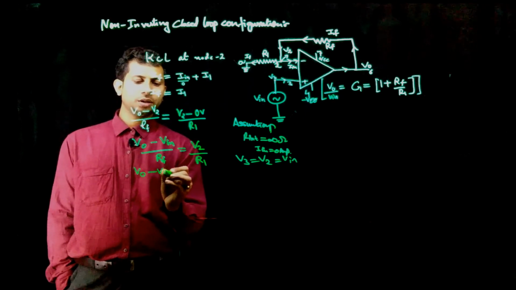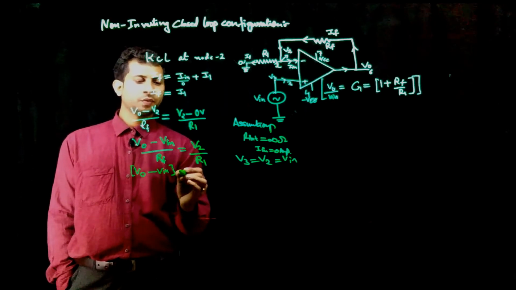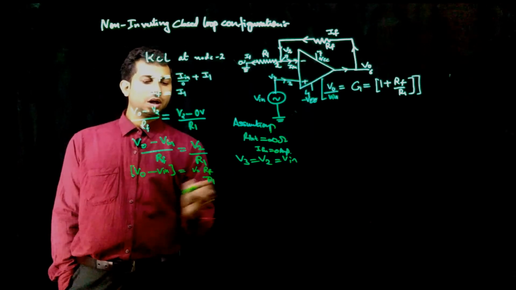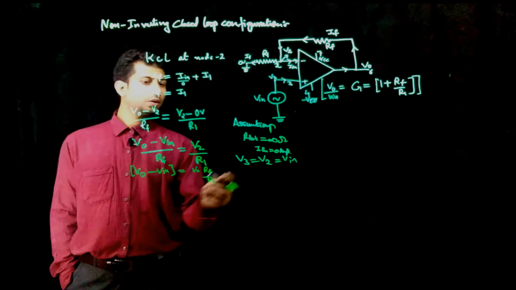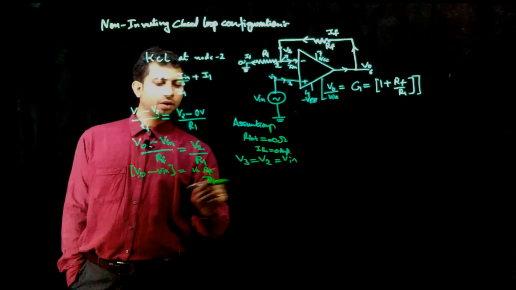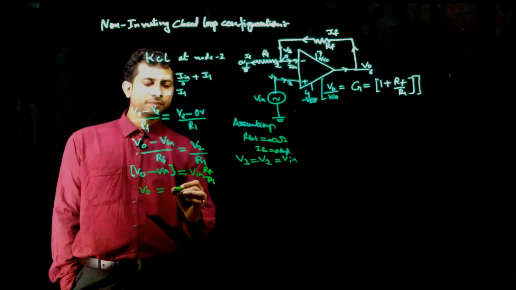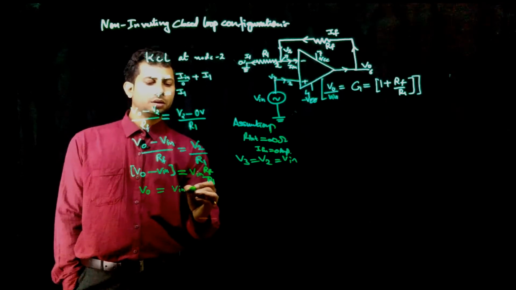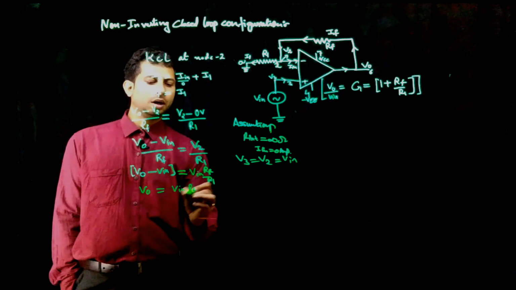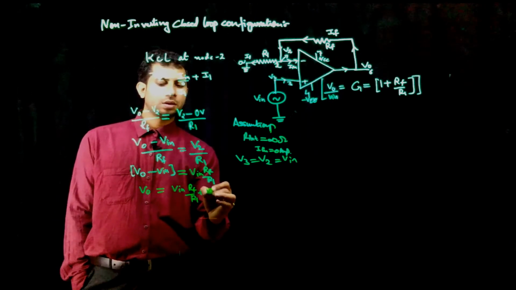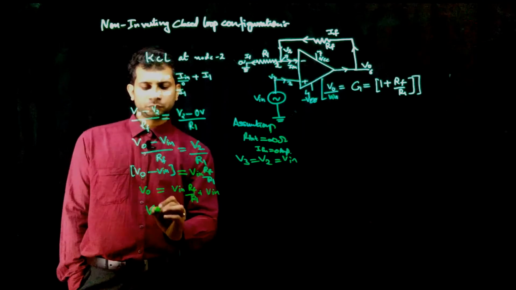V0 minus Vin equals Vin Rf upon R1. We rearrange them, V0 equals Vin Rf upon R1 plus Vin.